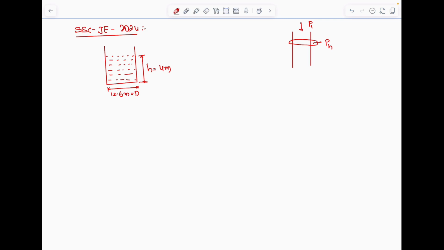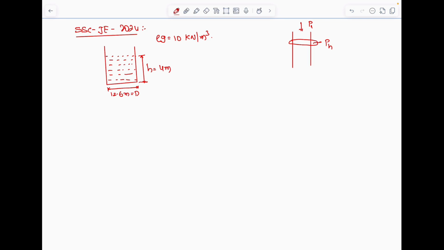And G is given as specific weight. Instead of G, they have directly given rho G, 10 kilonewtons per cubic meter.